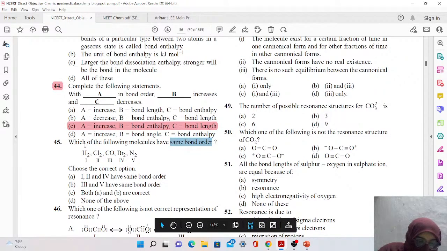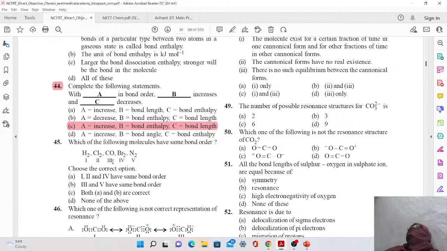Hydrogen's bond order is 1, chlorine is again 1, carbon monoxide is 2, Br2 is 1, N2 is 3. They are telling same bond order. So chlorine is 1, hydrogen is also 1, bromine is also 1. Choose the correct option: 1, 2, 4, right, we got the answer, they have the same bond order.